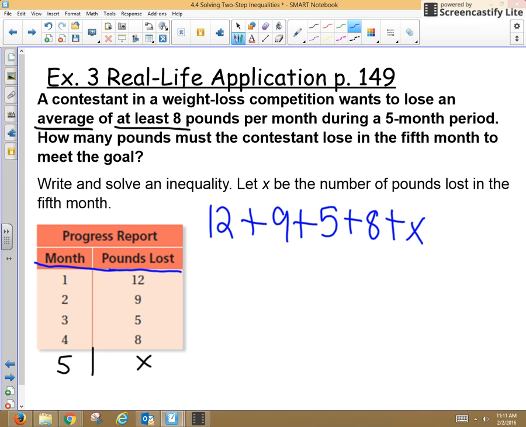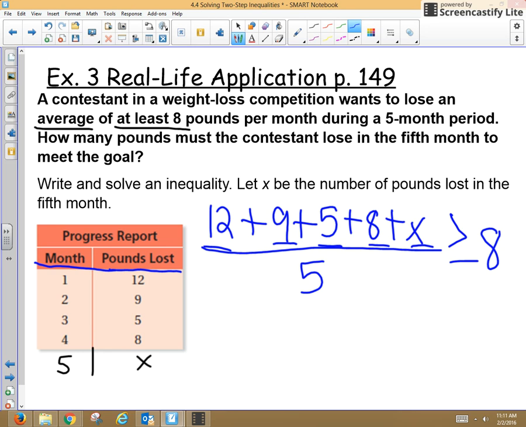And in the 5th month, we don't know, so that's why we call it X. But we know this needs to be at least 8 pounds per month, the average. Now, to find the average, you add up all the numbers and divide by the number you added. We added 5 numbers, so we're going to divide by 5. And this amount must be greater than or equal to 8 pounds.